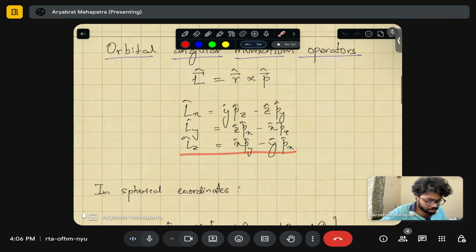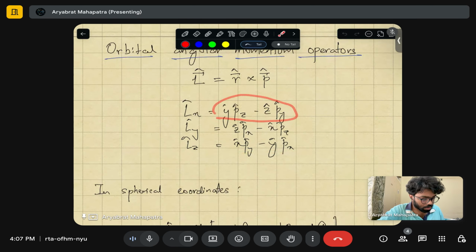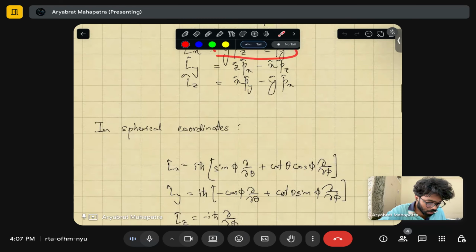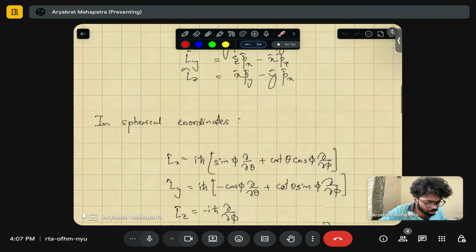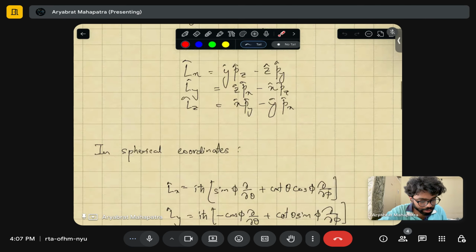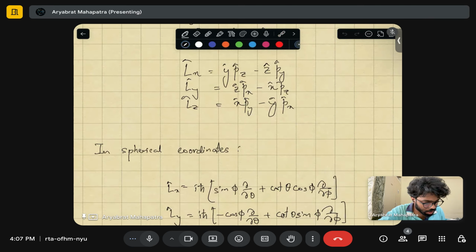These are all operators. Now, in spherical coordinates, this can be written differently.